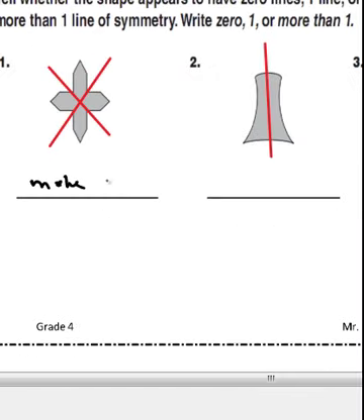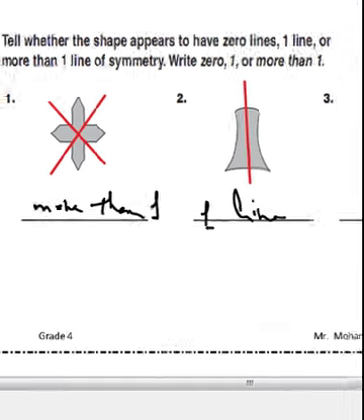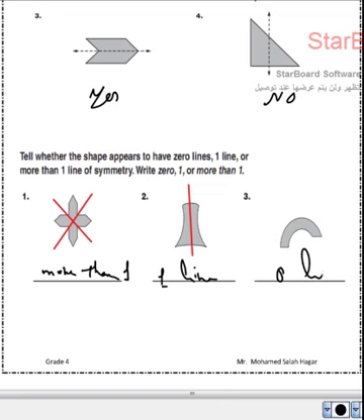More than 1. And here, do you have any line of symmetry in this shape? Yes, only one line. Great. And here, there is none, so I'm going to write 0. 0 lines of symmetry. Great job. Let's go to the next page.